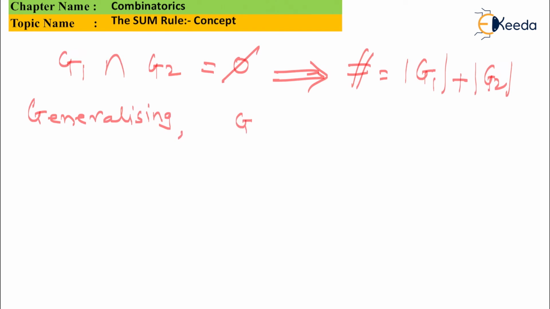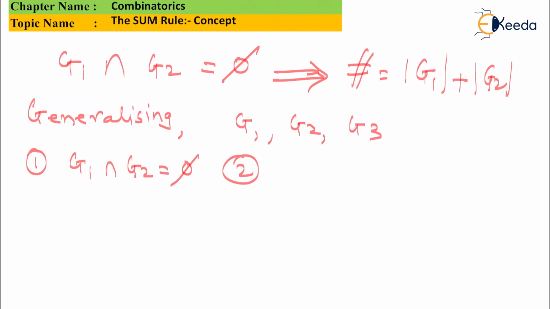So now generalizing, you have, let's say, G1, G2, G3. What you want for these sets to be mutually disjoint is that G1 intersection G2 should be empty. There should not be anything common between the first two shops. Now it doesn't stop here. There should not be anything common between the second and third shop also.